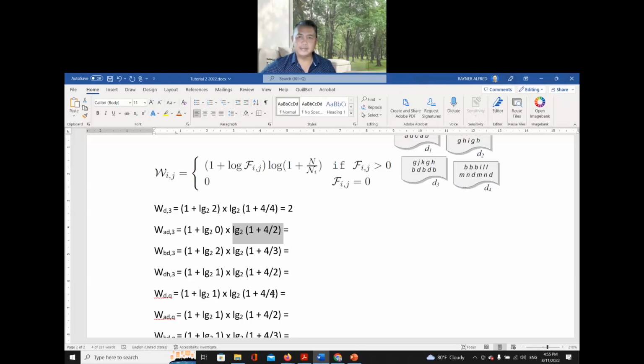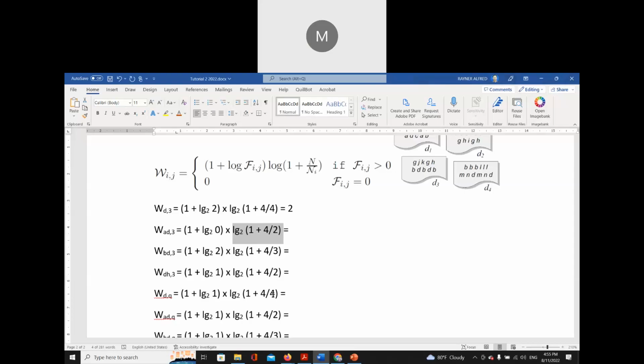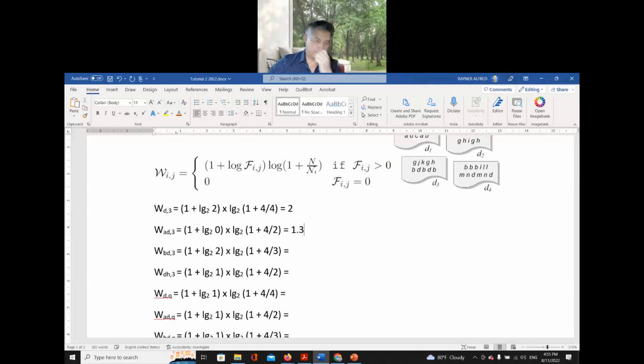Okay, so Magnus say 1.58. So which one is correct? Yes, betul doktor. 1.585. Okay. So this is 1.585. Okay. And this one. So sekarang ni kamu belajar pakai calculator.